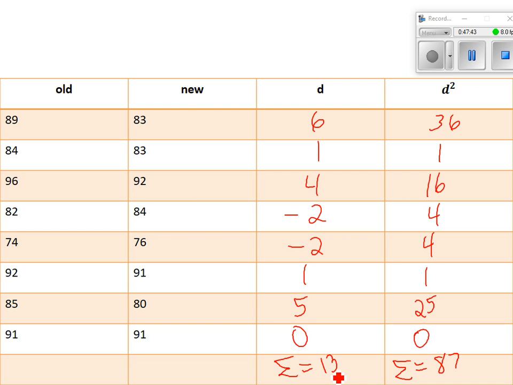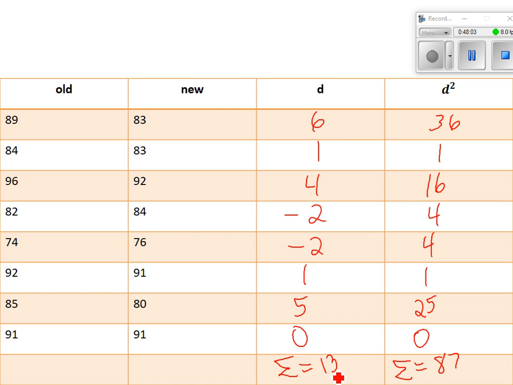Anybody get a final answer there? 3.4715? I got 0.67. 3.067? Is that what we're going with?